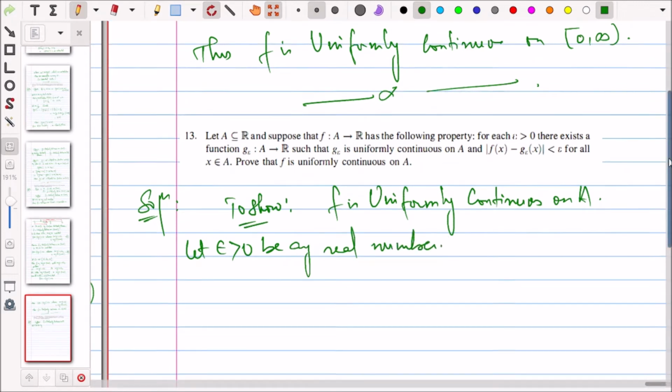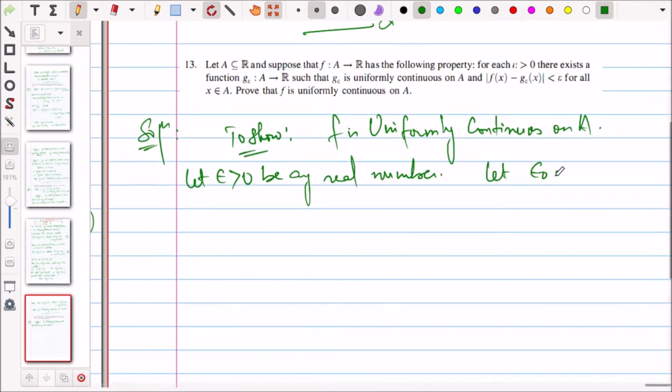Now we will choose another epsilon naught. Let epsilon naught equal epsilon by 3, which is greater than 0.